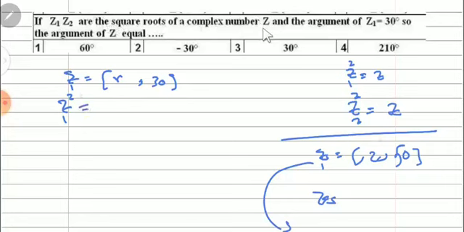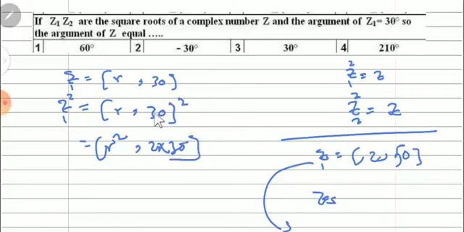So R to the power 2, because the power applies to the length, and the power is multiplied by the argument, which is 30. So this equals R to the power 2 without changing, and 2 multiplied by 30 equals 60.